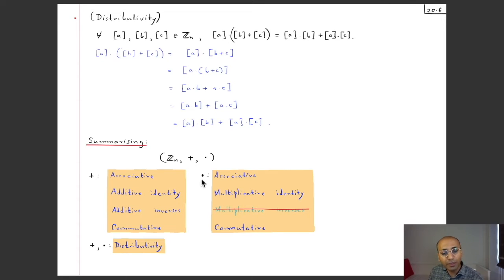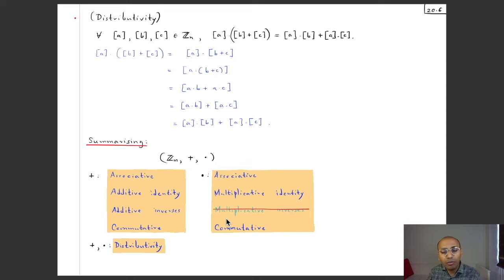Also, with multiplication modulo n, we have learned that it is associative. There exists a multiplicative identity element, namely the equivalence class containing 1, and multiplication modulo n is commutative. And the two operations together satisfy this distributivity property, that multiplication modulo n distributes over addition modulo n.